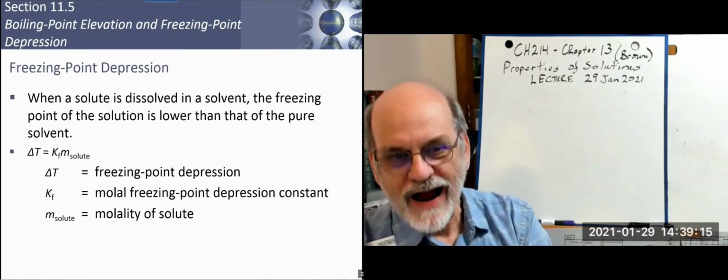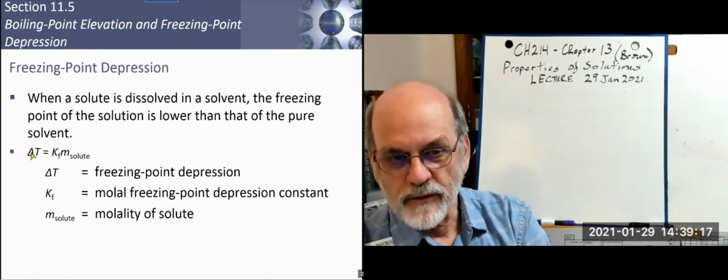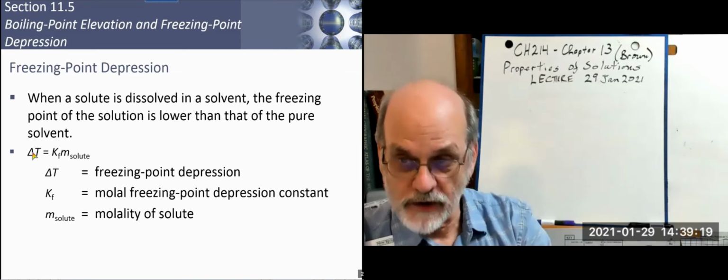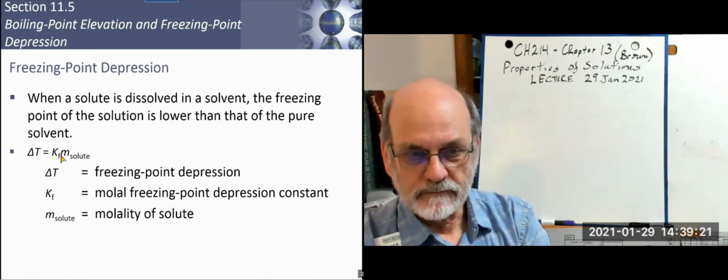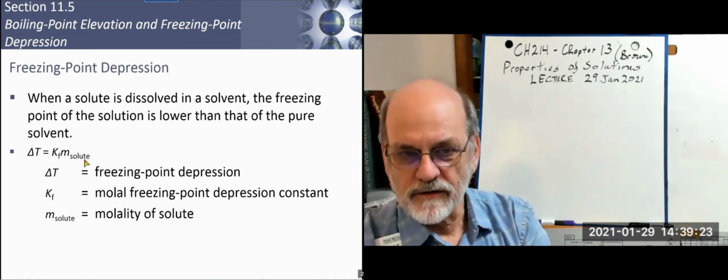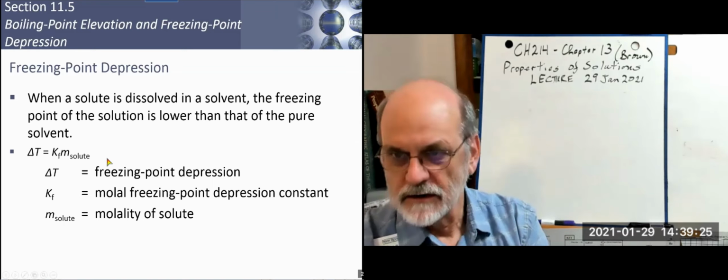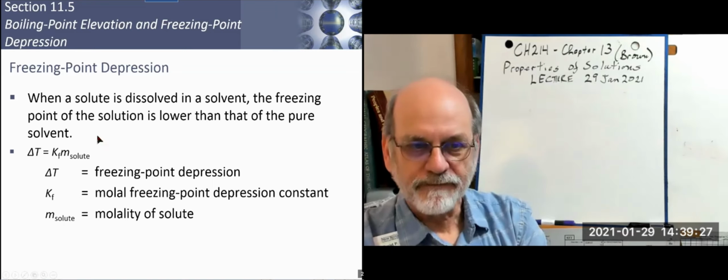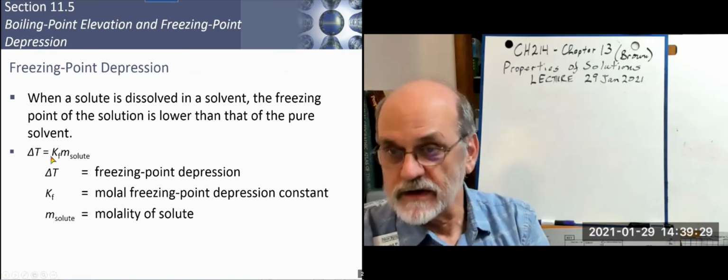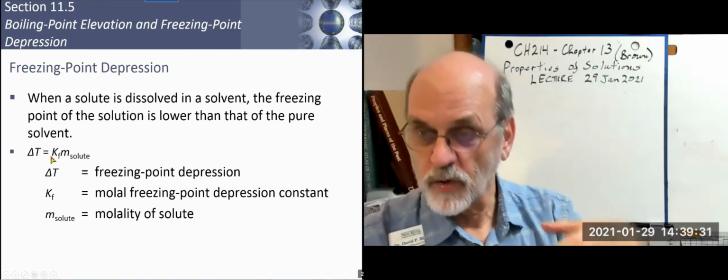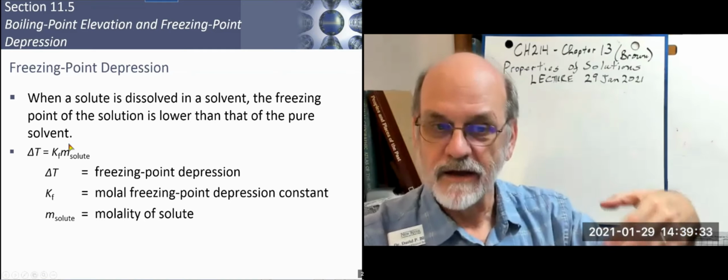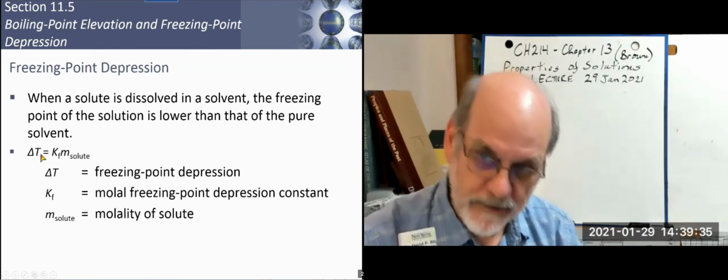So you would subtract this from the freezing point of the pure solvent. The units of measure are the same here, molal. We have a different K here. Even if it's water, boiling point elevation will have one K, freezing point depression will have a different K.